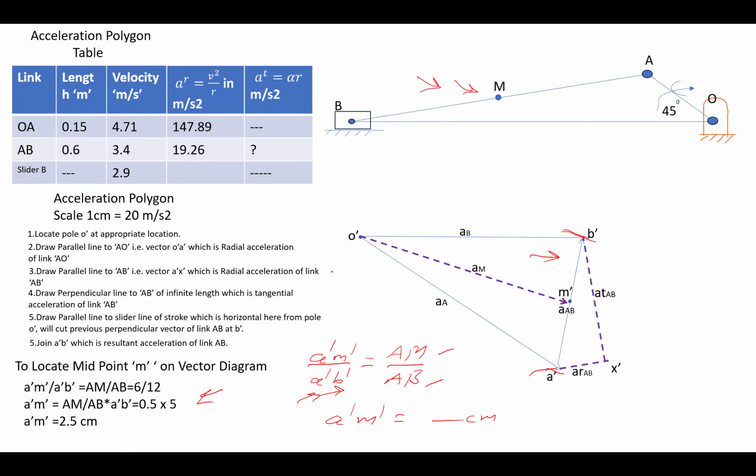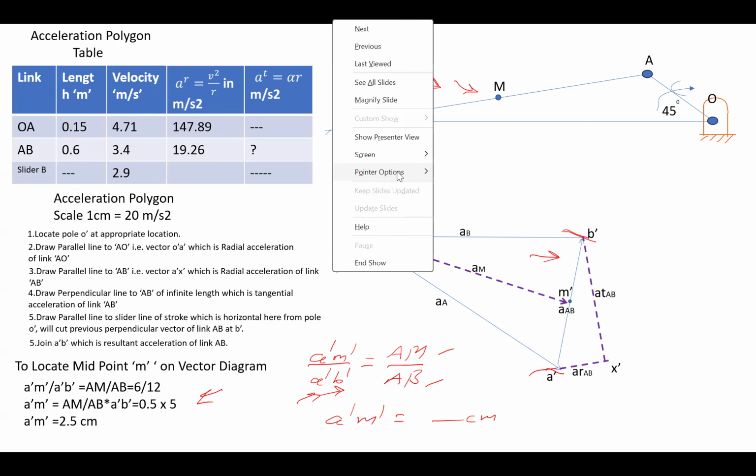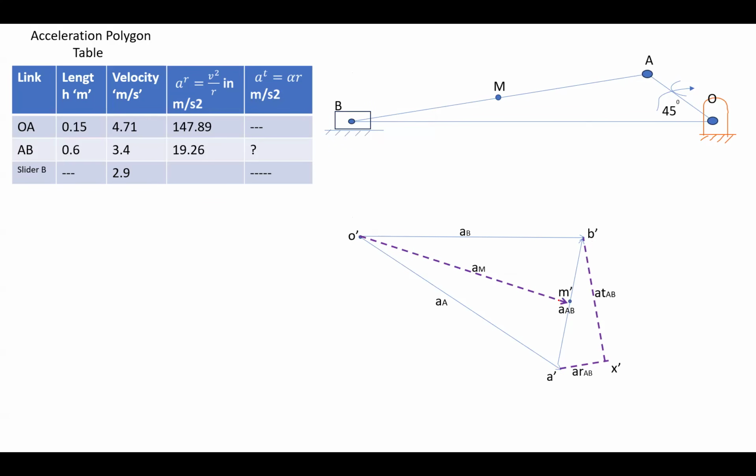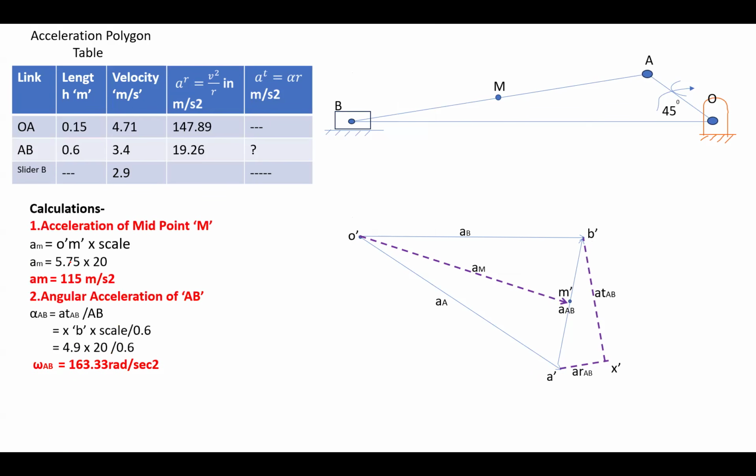Now how to find the acceleration of M? You have to measure this O dash M dash distance. See here, we have measured O dash M dash and multiplied it by the acceleration scale. Whatever value you get is the acceleration of the midpoint of the connecting rod, which is 115 meters per second square.